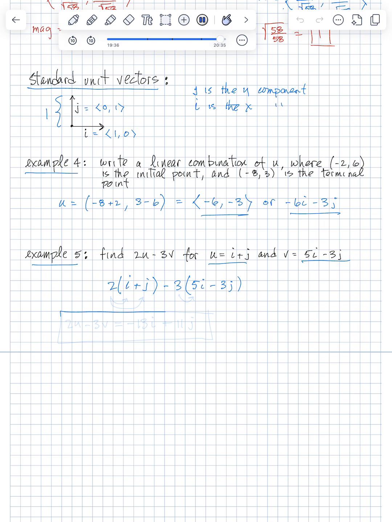So we have the 2i minus 15i is a minus 13i. And then we have 2 times j minus 3 times negative 3. So 3 times negative 3 is negative 9. So we have 2 minus negative 9, and that's plus 11j. So 2u minus 3v is equal to that.